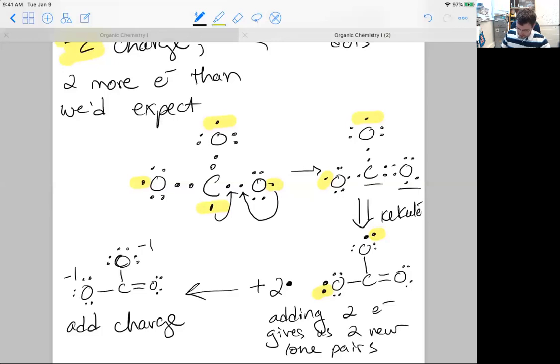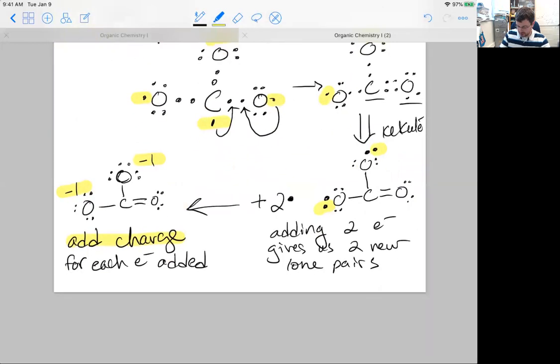So we add a charge for each electron that we added. So we added a charge of -1, and we positioned that over those 2 oxygen atoms.